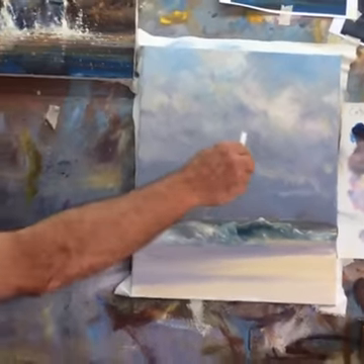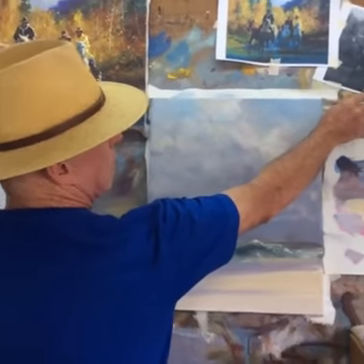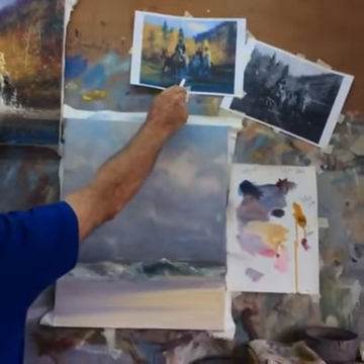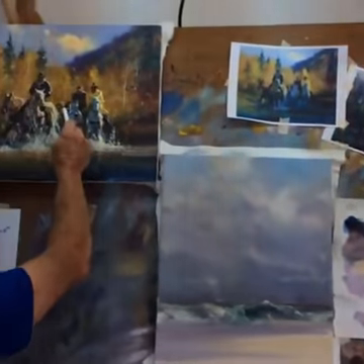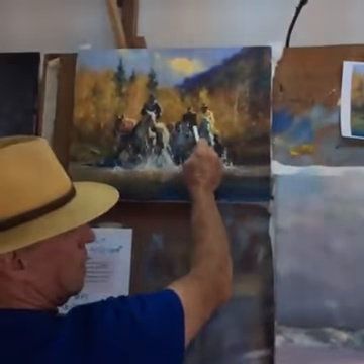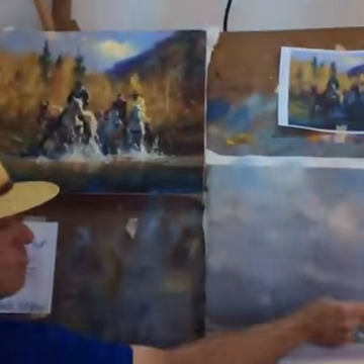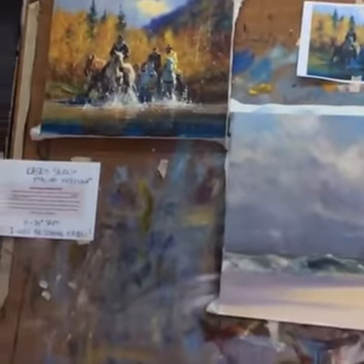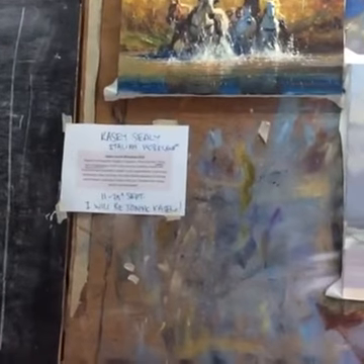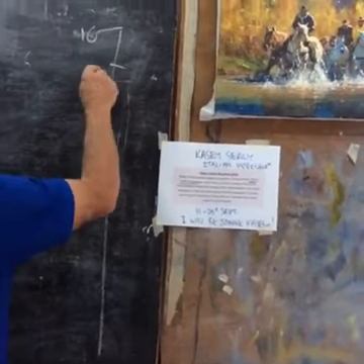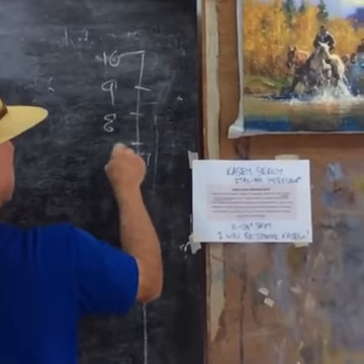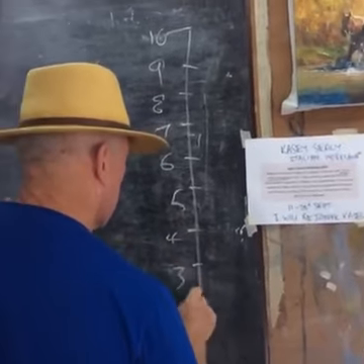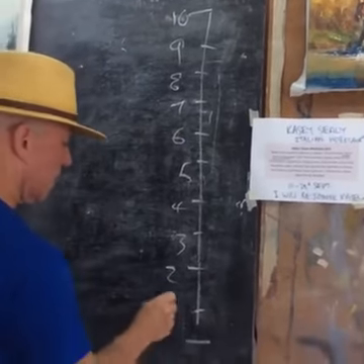if you look here, this is a black and white photograph of that painting when it was half done. And here it is fully done, right? So if we took a black and white photograph of that, it'll come out as a photograph. Go to this again. 10, 9, 8, 7, 6, 5, 4, 3, 2, 1.